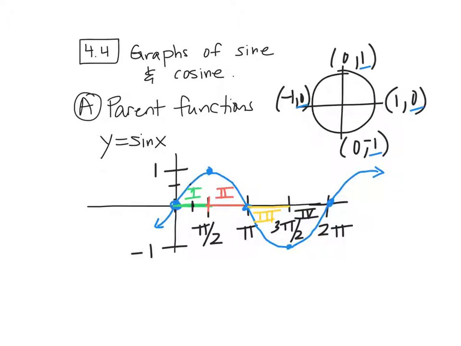All those points are on there also. Keeps on going forever and ever. If I hit trace and I plug in 0, I get 0. If I plug in pi over 2, I get 1. You see it's y equals 1. If I plug in pi, I'm back to 0.